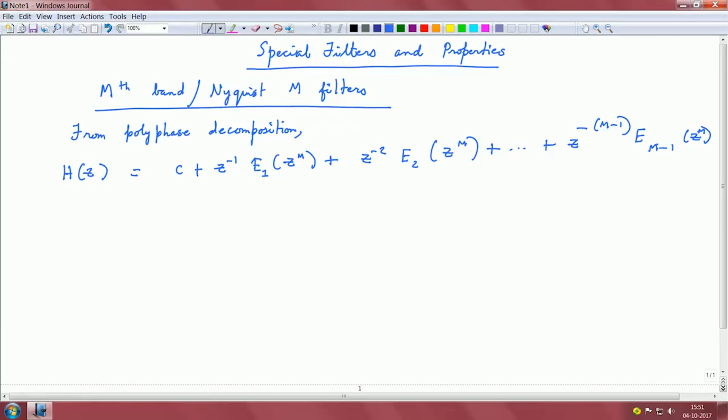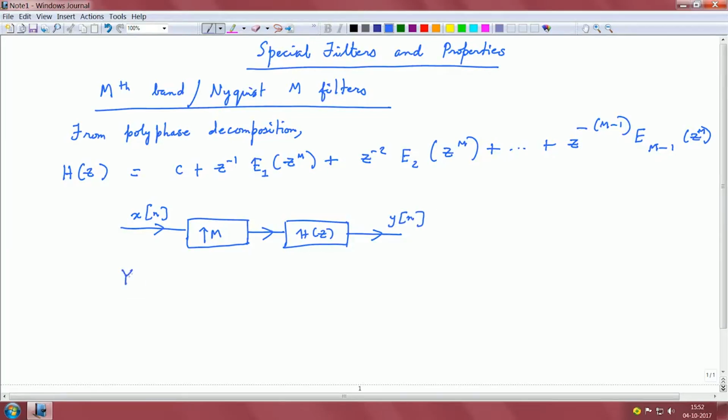Now, when we look at the output, if I have some signal x of n that is possibly upsampled and goes through this filter h of z, and I get y of n.